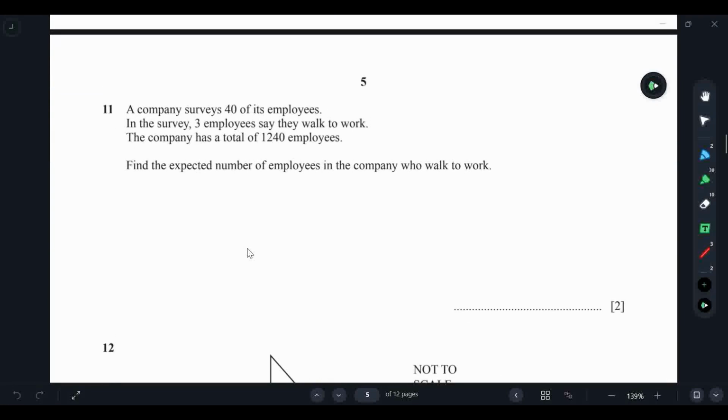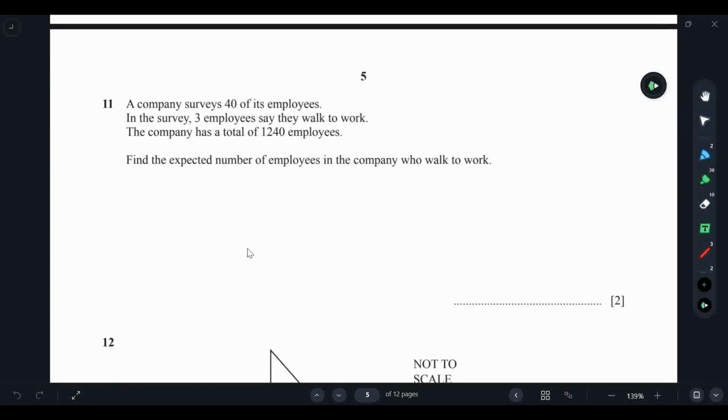A company surveyed 40 employees. In the survey, 3 employees say that they walk to work. The company has a total of 1240 employees. Now what we need to do, first of all, is find the estimated number of employees in the company who walk to work.